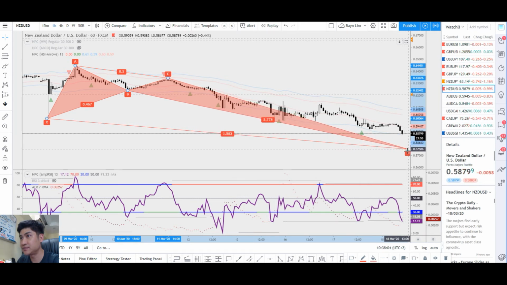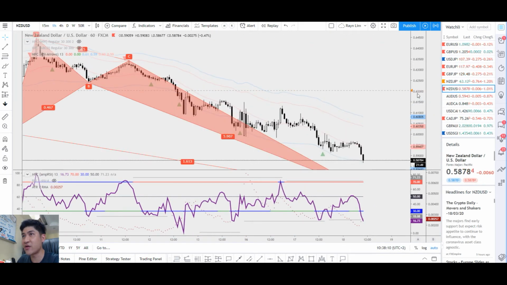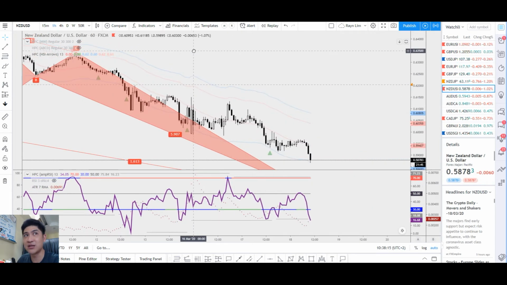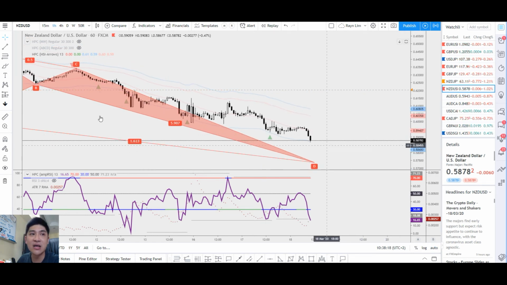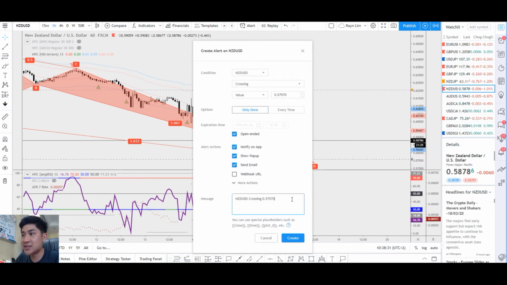Somewhere over here. Okay, so this is very extended. Some of the rules have been violated, which poses this setup as invalid, but there's no harm in watching it and seeing if there's any confirmation happening over here. This is what I call forward testing.